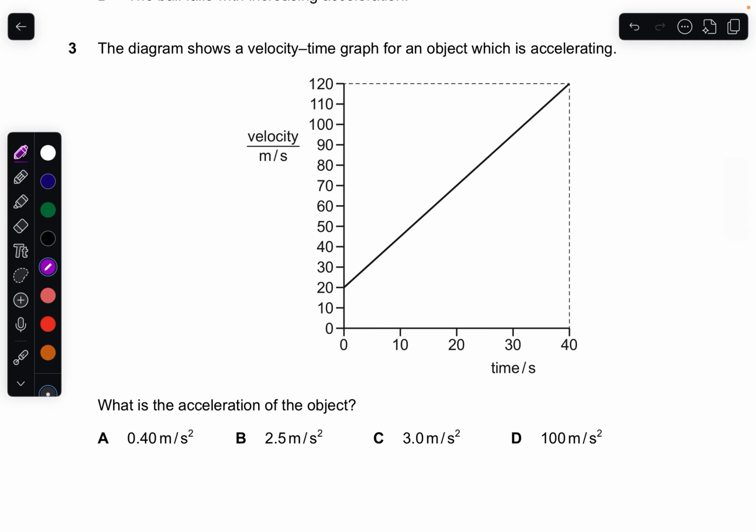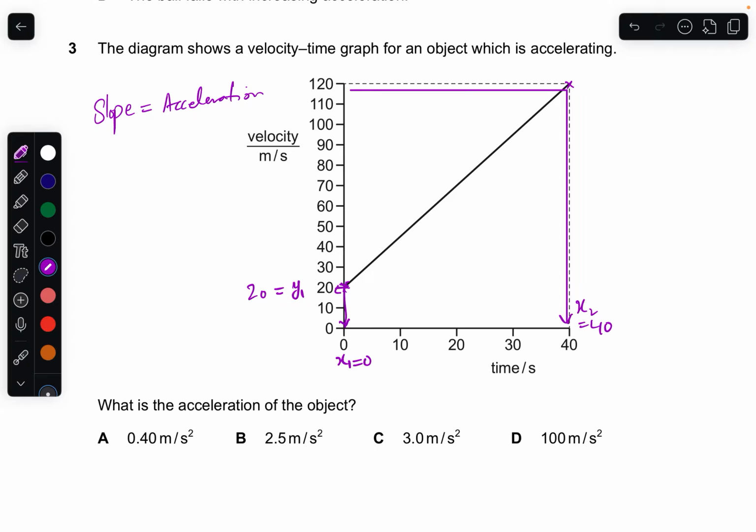So in a velocity time graph, slope represents acceleration. So you have to choose any 2 points on a straight line. The easiest points are, I can choose this one and I can choose this one. This will be the y1 and this is the x1. So y1 is 20, x1 is 0, and this point here, x2, that is 40, and this point will be y2, that is 120.